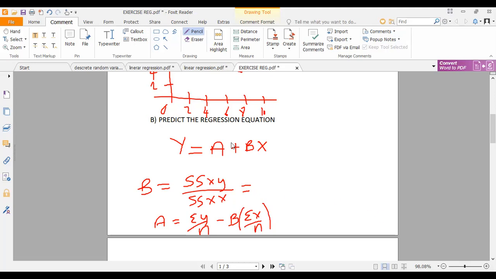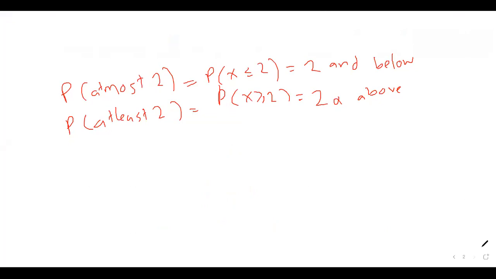If anyone can remember, how do we find the sum of xx? It is the summation of x squared minus the summation of x, to the power 2, over n.